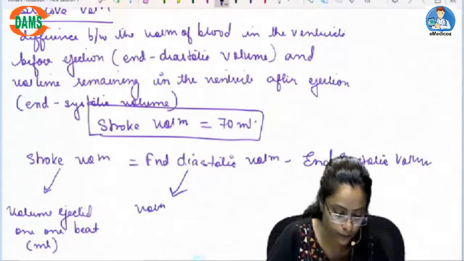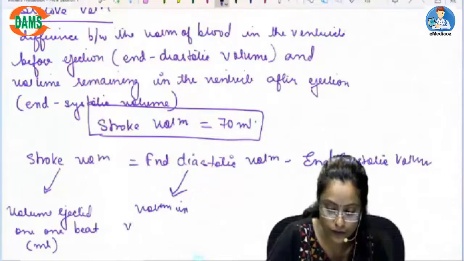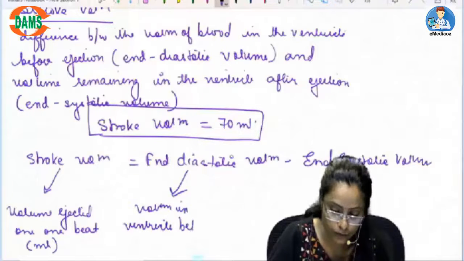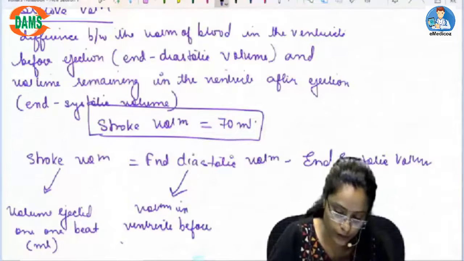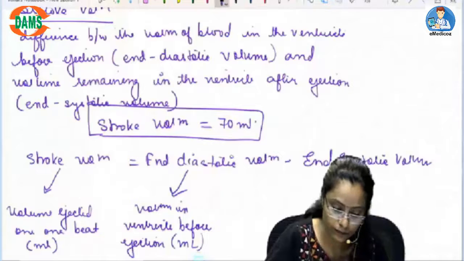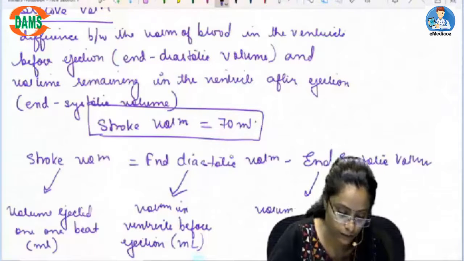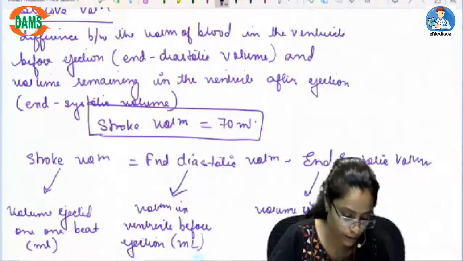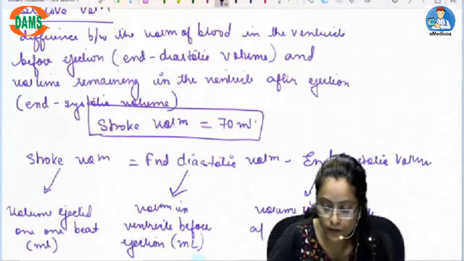The end diastolic volume is the volume in the ventricle before ejection, and the end systolic volume is the volume in the ventricle after ejection.